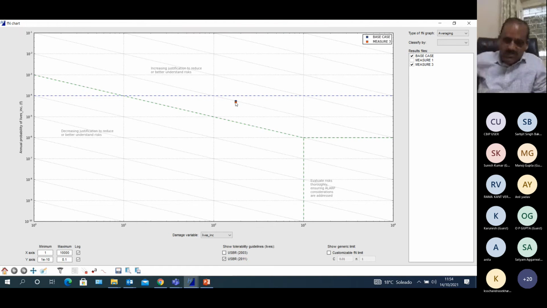So even if you significantly upgrade the reliability of this bottom outlet, what this is telling you in risk is that the probability of failure is very little diminished. So the measure is very cheap, but the gain in risk is very low.